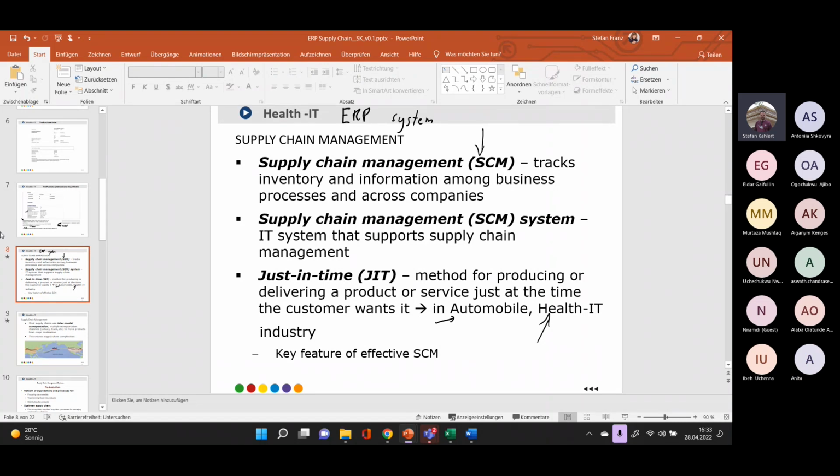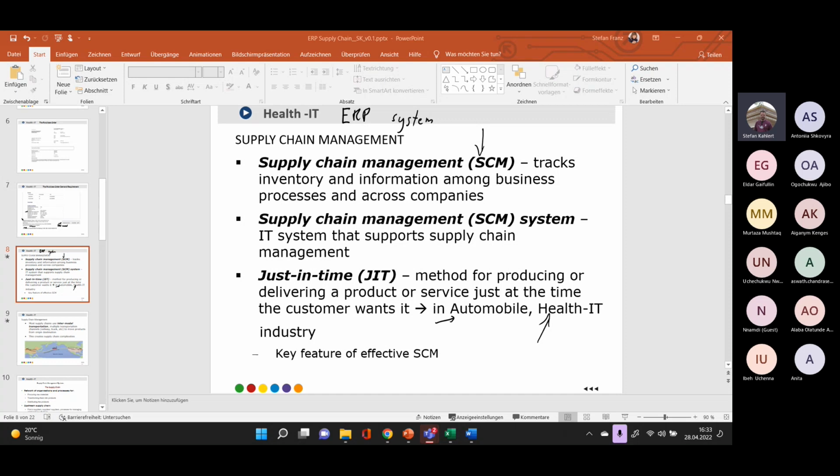And the same is in the health industry. If you need certain medication, certain drugs, or clinical devices which you need very urgently, then you will require just-in-time delivery.